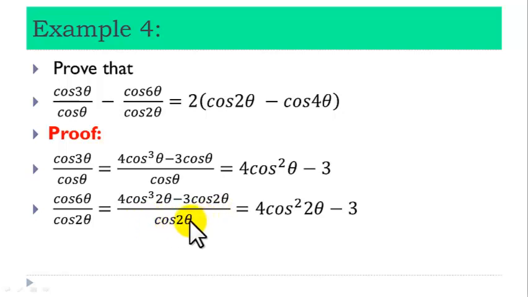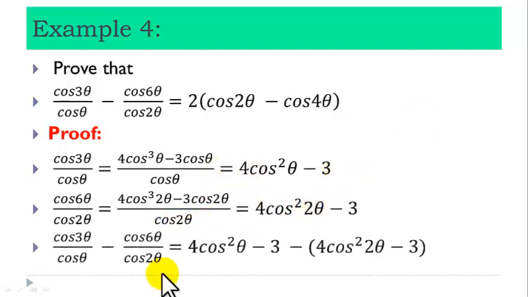Or again, dividing through by cos 2θ, that will give us 4cos²2θ − 3. Let us now find cos 3θ over cosθ minus cos 6θ over cos 2θ, which is equal to (4cos²θ − 3) minus (4cos²2θ − 3).